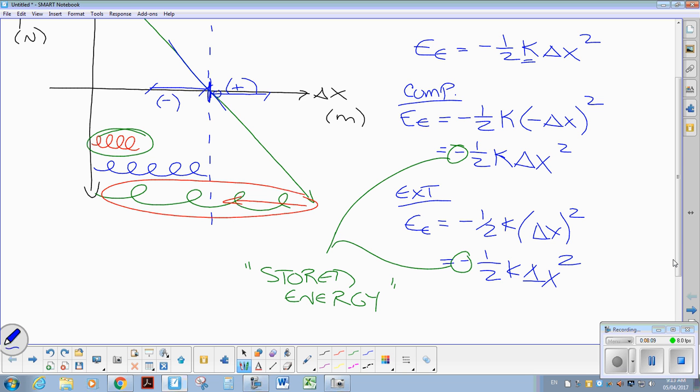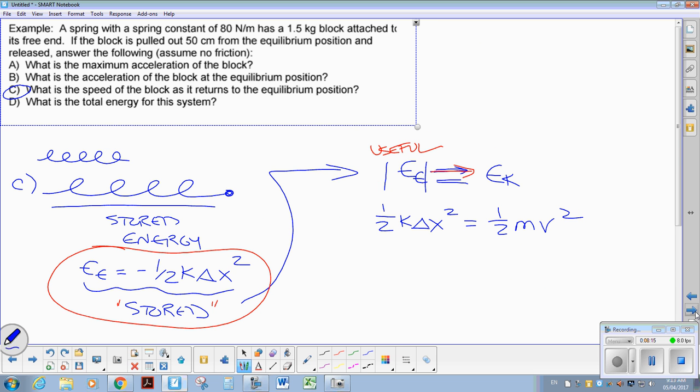If the question then extends to how much kinetic energy is going to come from this, and so forth, then we have to look at it in terms of the useful energy. That's how you know to drop that negative sign, because we don't care that it's stored energy, it's the energy that's useful or available in the system. So that's how you know when to drop the negative sign. All right.